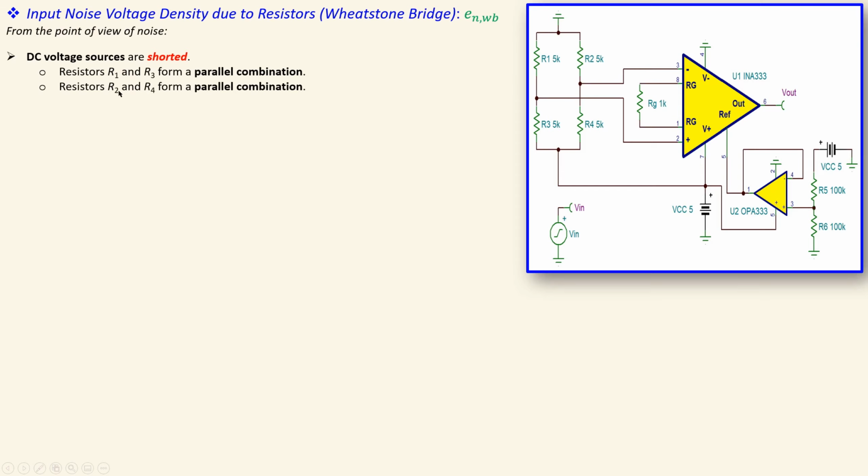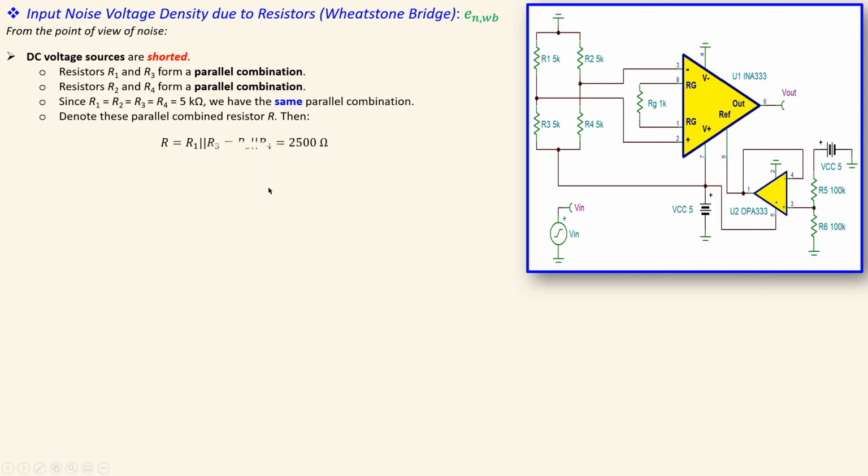That also counts for R2 and R4. Since this is all the same, we have the same parallel combination. So we can denote these as a parallel combination, let's say R. Then we have this expression, which means these parallel combinations each are 2500 ohms, so 2.5 kilo ohms.